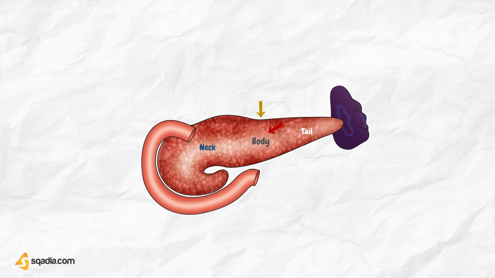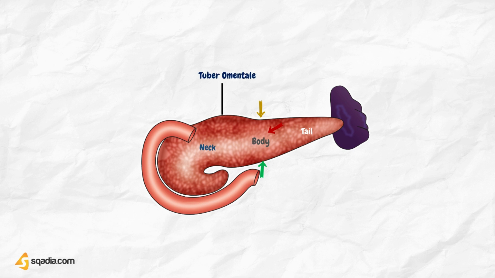It is triangular on cross-section and has three borders, which are anterior, superior, and inferior. A part of the body projects upwards beyond the rest of the superior border, a little to the left of the neck. This projection is known as the tuber omentale.